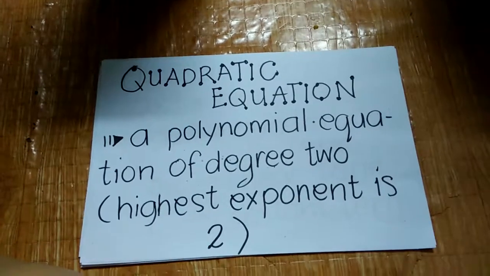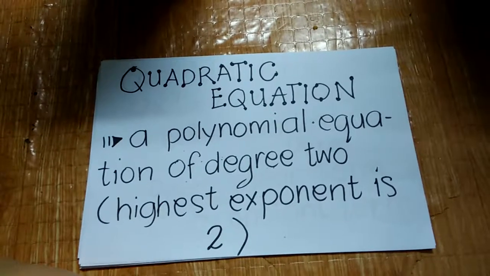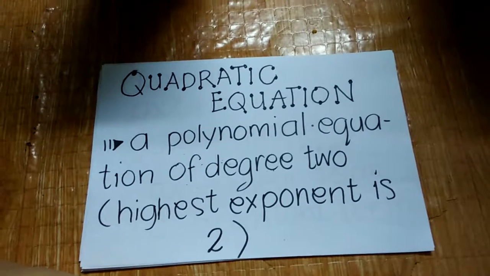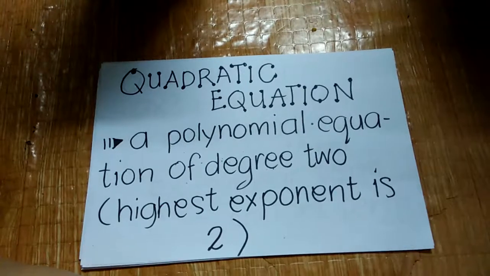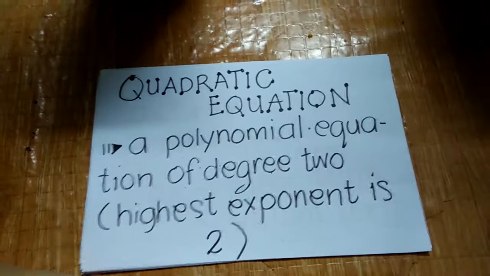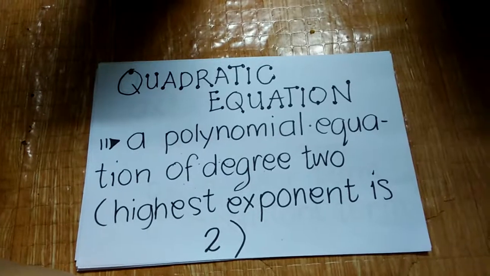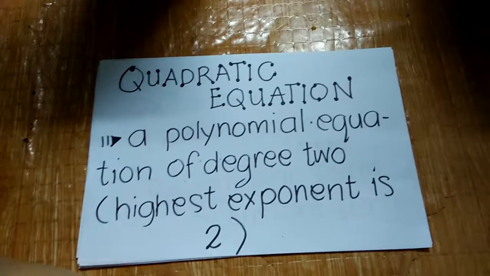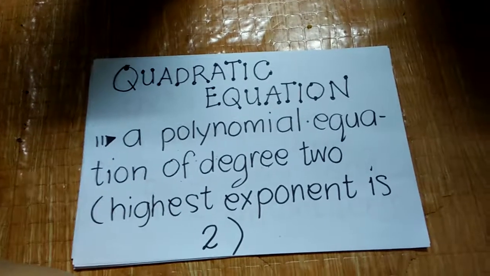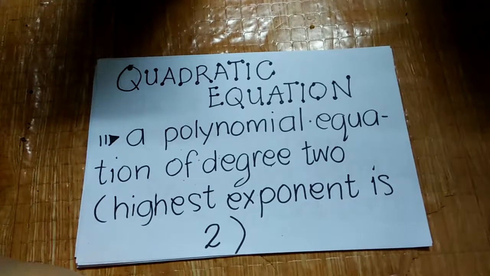It is an equation which is the highest exponent or highest degree is 2. Okay? Again, this is an equation, so it should have an equal sign. And the highest exponent is 2.